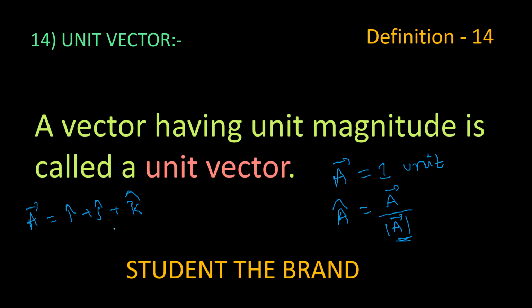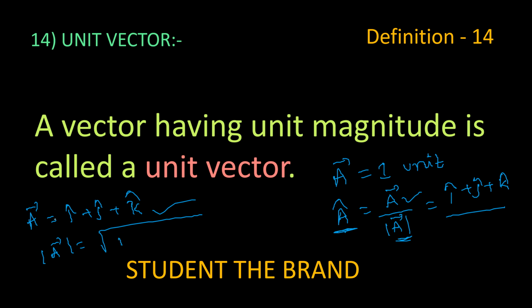Yes, vector magnitude must be 1. So if it is a unit vector, to find the unit vector of this one we take A bar as it is, I cap plus J cap plus K cap, divided by its magnitude. The magnitude is root over 1 square plus 1 square plus 1 square, which is root over 1 plus 1 plus 1, that is root over 3.